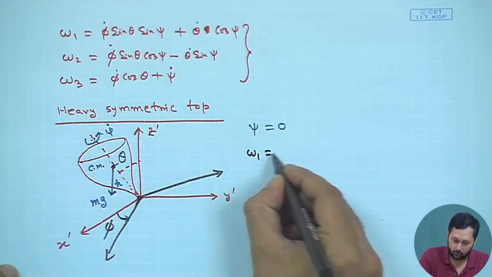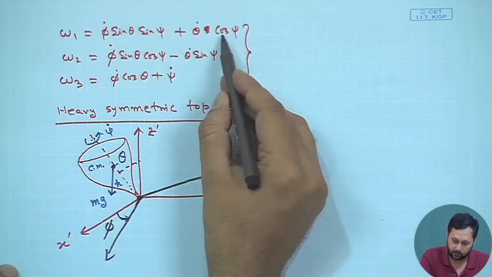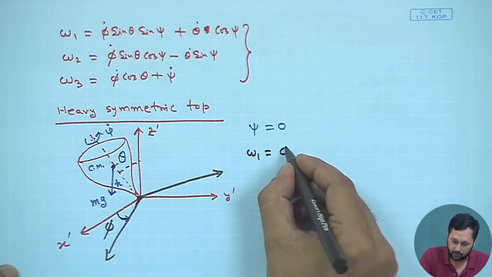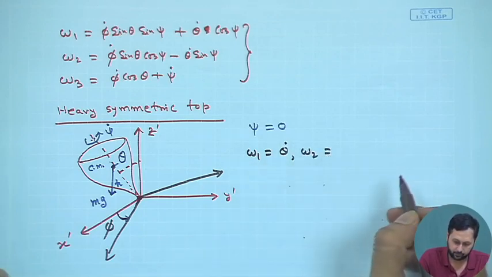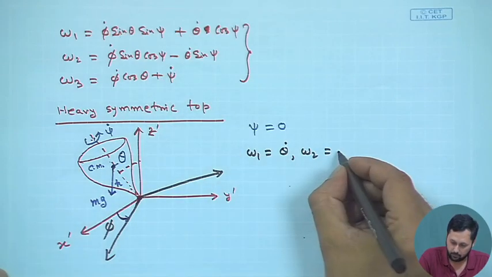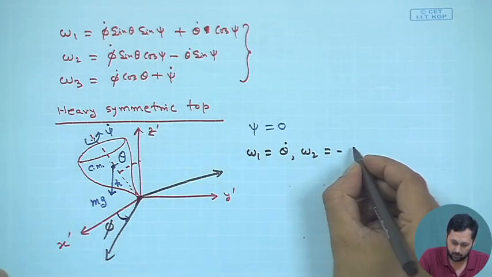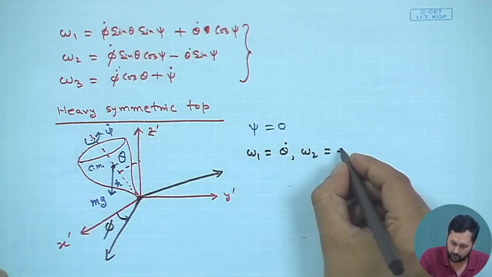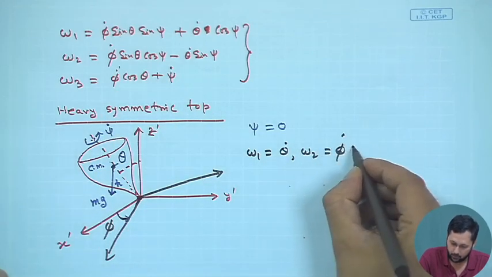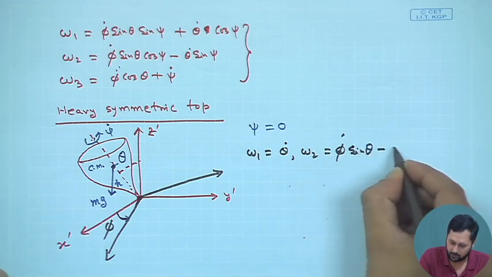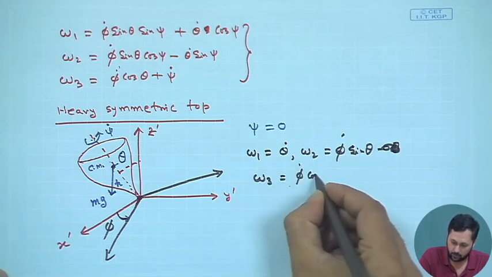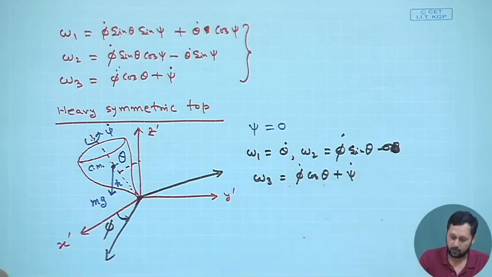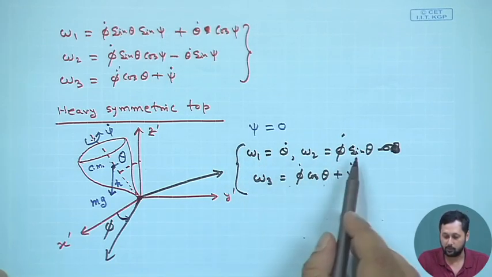Then we write omega 1 equal to theta dot, omega 2 equal to phi dot sin theta, and omega 3 will be phi dot cos theta plus psi dot. So, these will be my values of omega 1, omega 2 and omega 3.